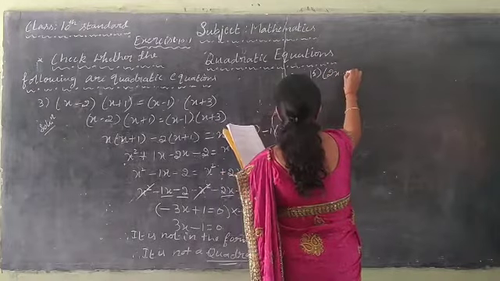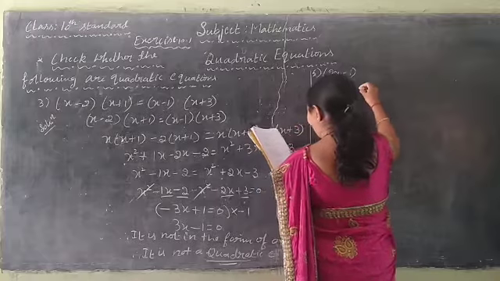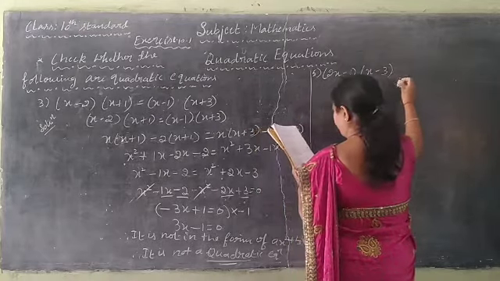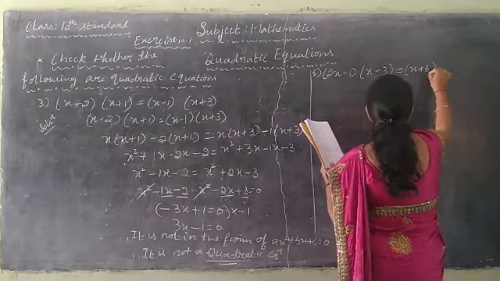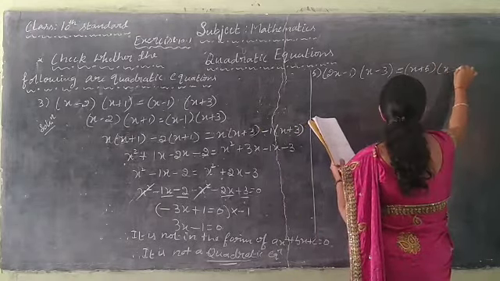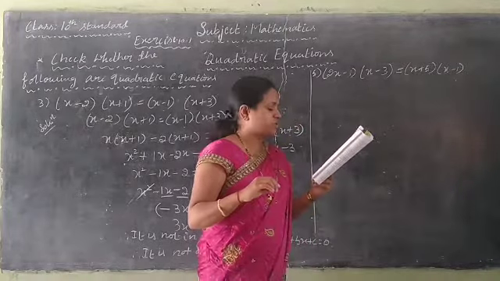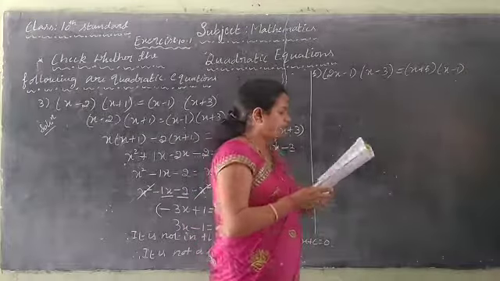2x minus 1 into x minus 3 equals x plus 5 into x minus 1. It is just like the third problem, children. We just have to check whether it is a quadratic equation or not. Got it?